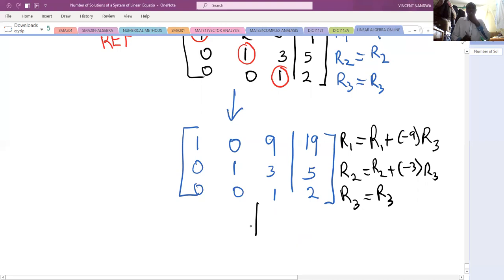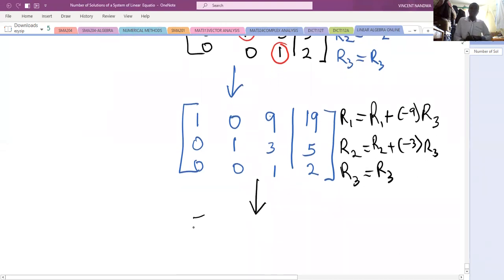So this leads us to: 1 plus minus 9 times 0 is 1. 0 plus minus 9 times 0 is 0. 9 plus minus 9 times 1 is 0. 19 plus minus 9 times 2, that gives us 19 minus 18, which is 1.